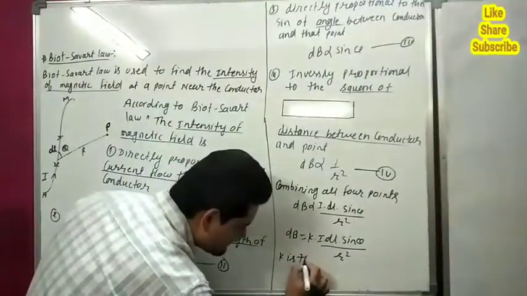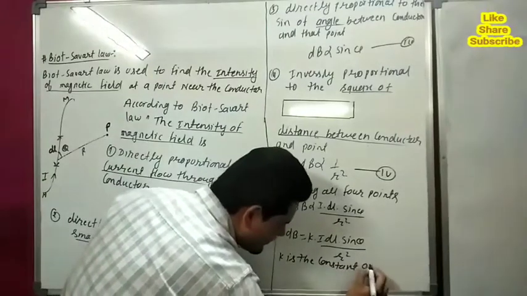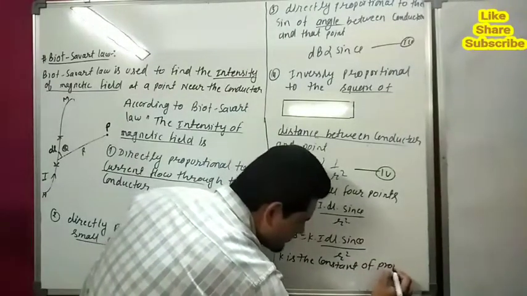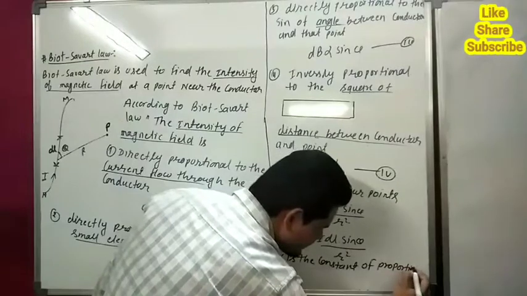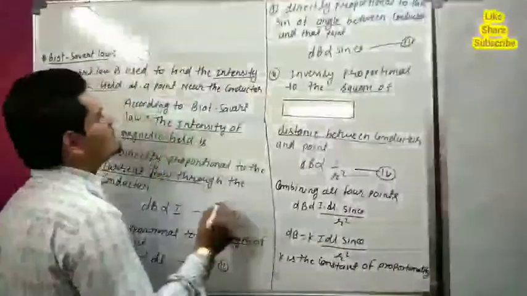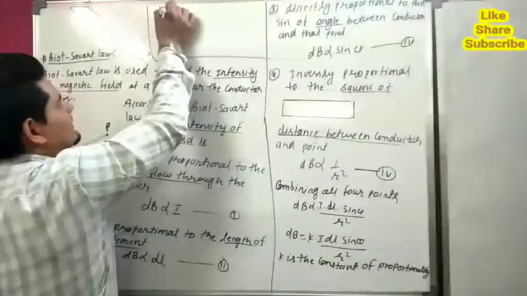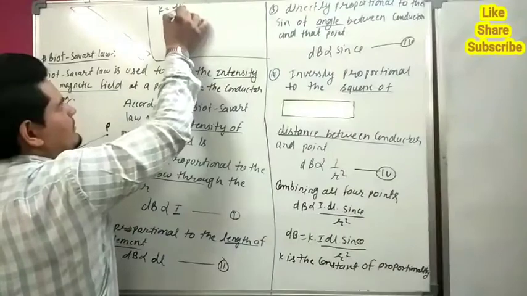K is the constant of proportionality. Its value is K equal to mu naught divided by 4 pi.